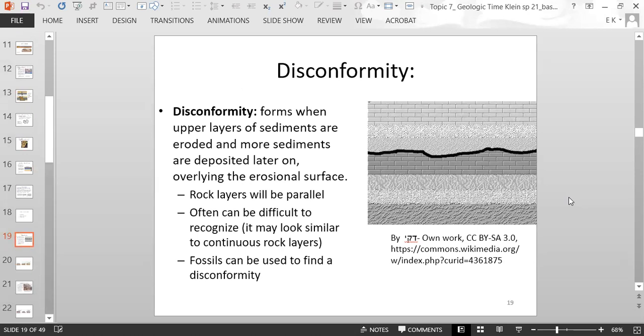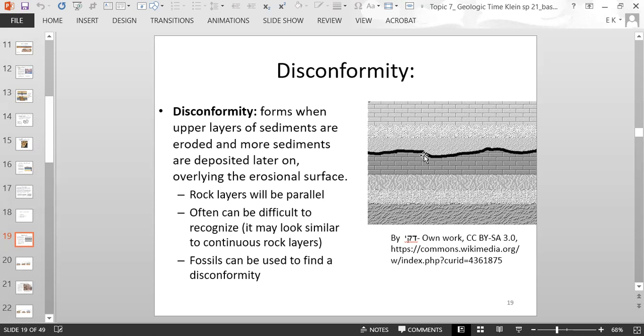So a disconformity is going to look something like this, where it's all flat, parallel sedimentary layers. But you have a missing time period. So with disconformities, all the rock layers are going to be parallel, flat sedimentary layers, but you'll have a missing time period. That's because you had erosion and then more sediment deposited later on.